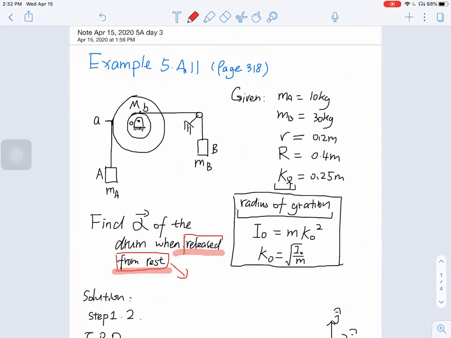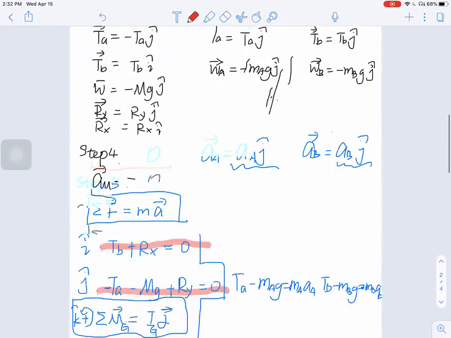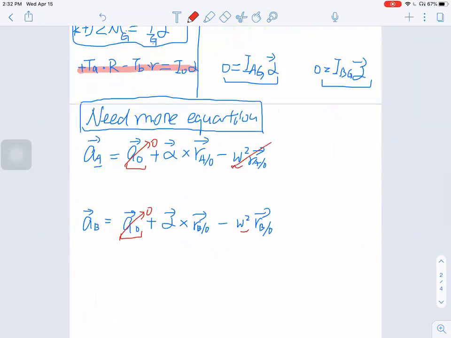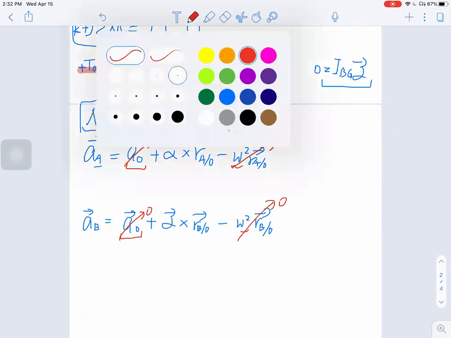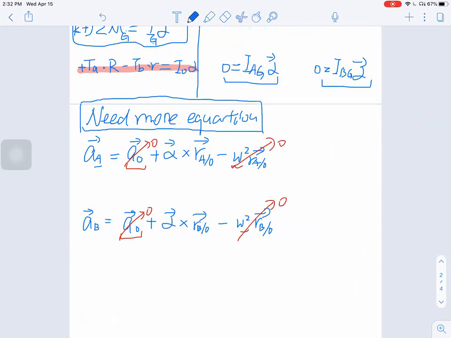That's hidden information, telling us omega equals 0 when we release the system. So we can get rid of this term here as well. And now we can simplify this. We can simplify A_A.